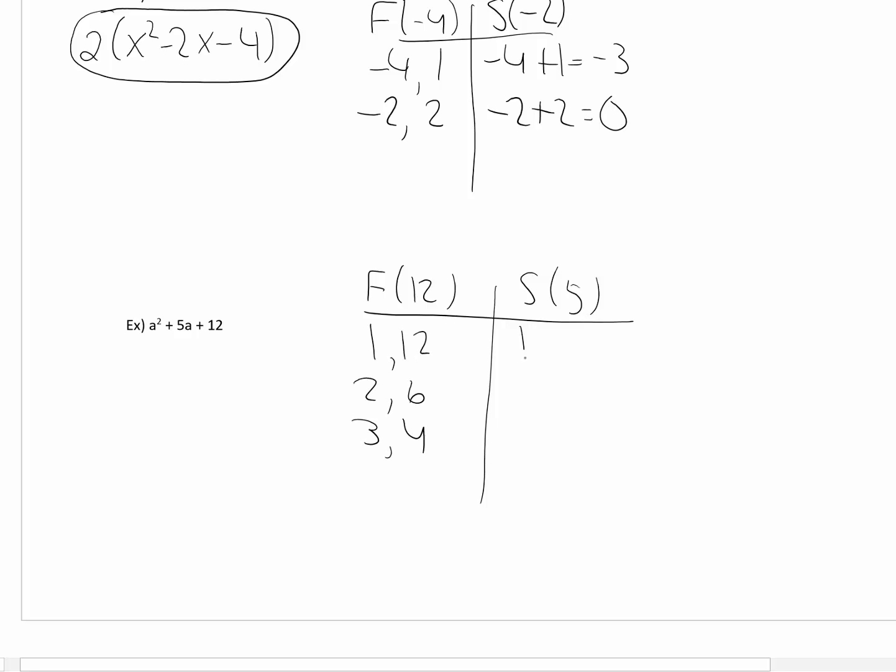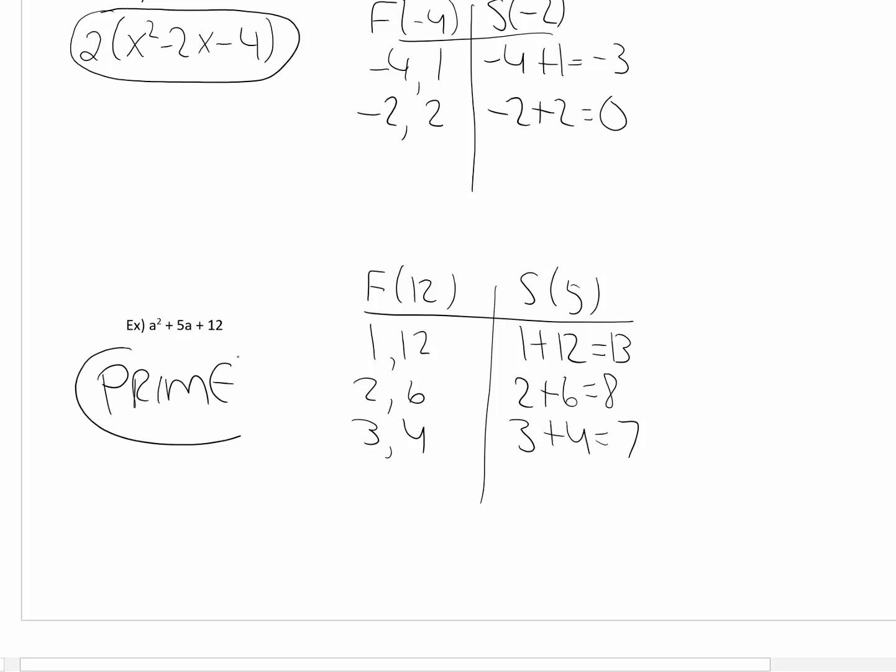Okay, so let's add. Again, none of these factors add up to be 5. This is what is called a prime polynomial. So if this circumstance ever comes up, you would write prime, and that means it is not factorable.